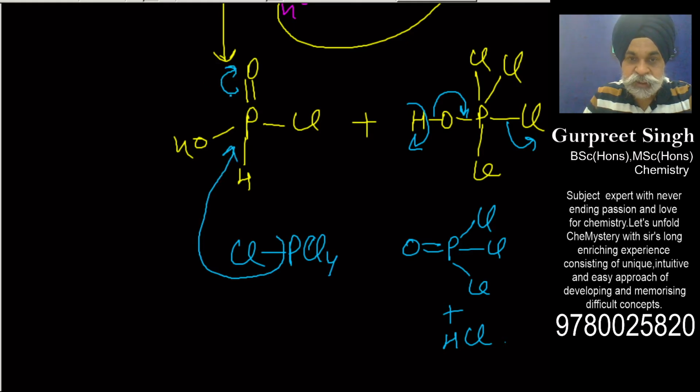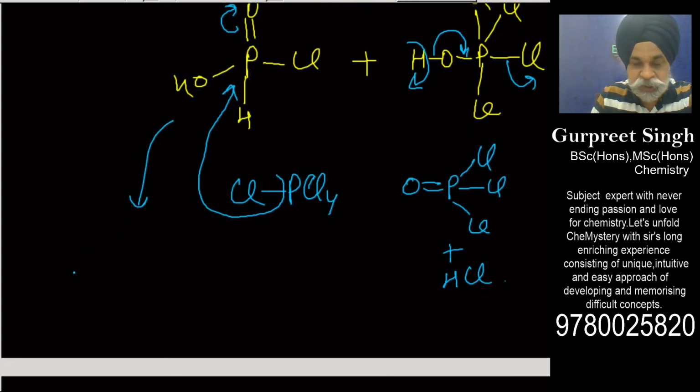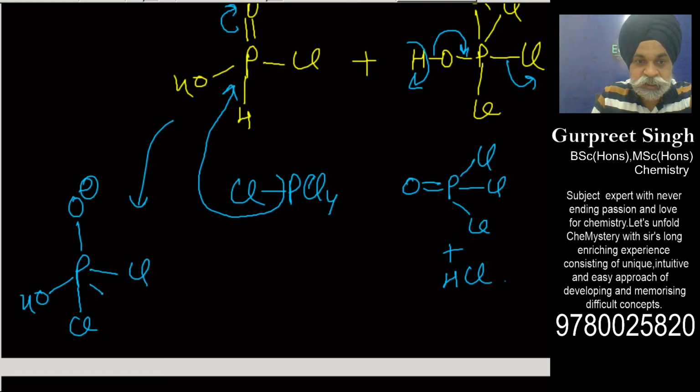This would go again this way, and from here this you can do yourself also. So you get negative charge, and here you have OH, attacked with Cl, and Cl and H. Again you have 5 bonds, and along with this you get PCl4 positive.